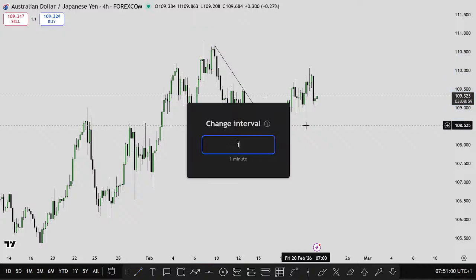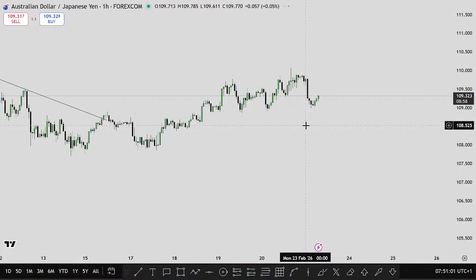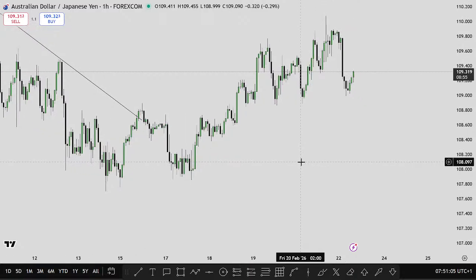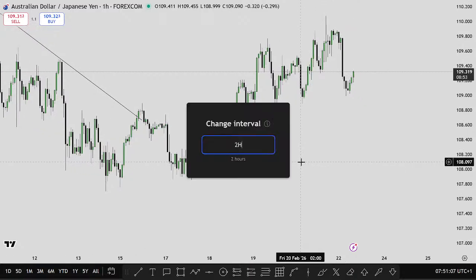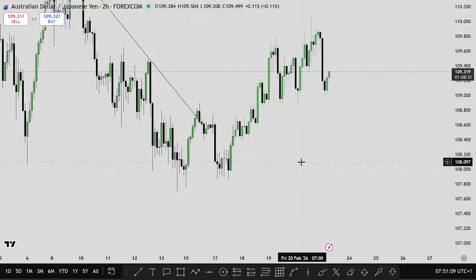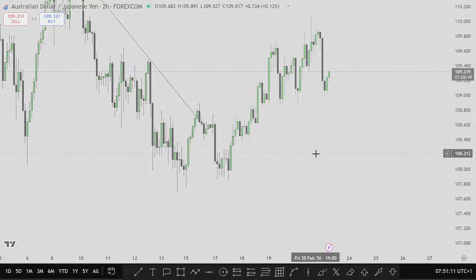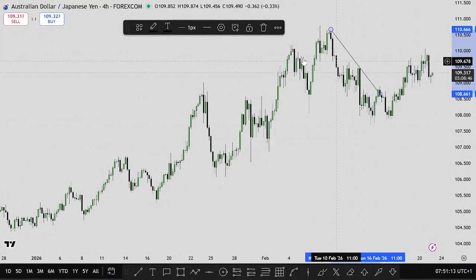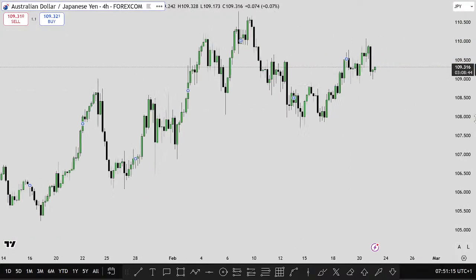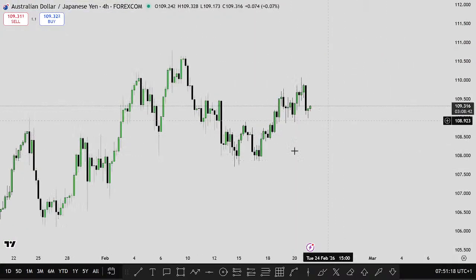I know why now. I had a POI before, but price has not mitigated, Jerry. So I expect price to continue going on from here.